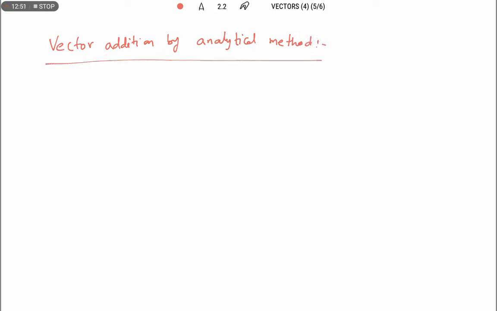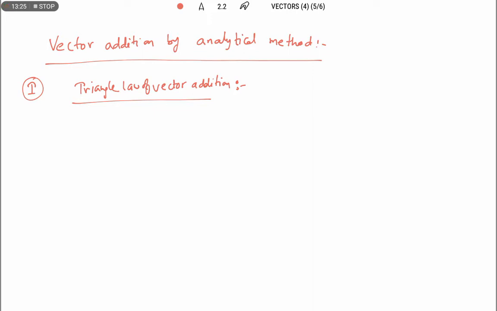So first we are going to discuss the analytical method for the triangle law of vector addition. This derivation is very important for theory exams, but the applications are important for competitive purposes, like NEET and JEE exams. When you are writing these exams, these applications are very important.